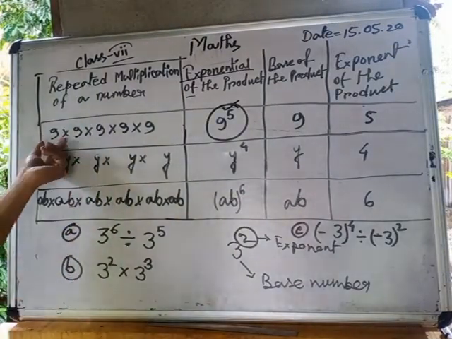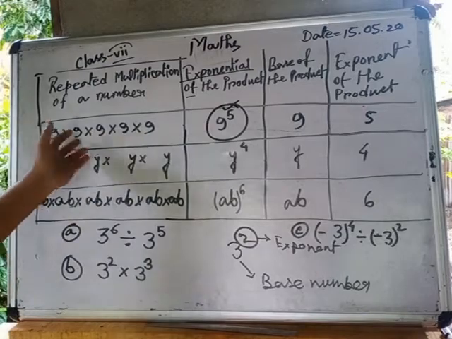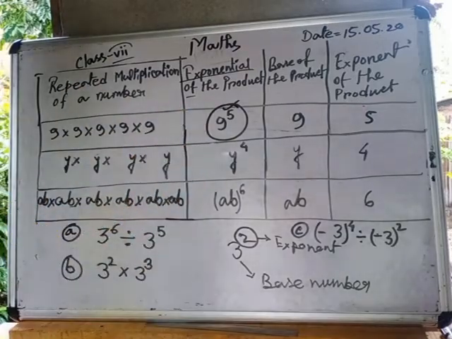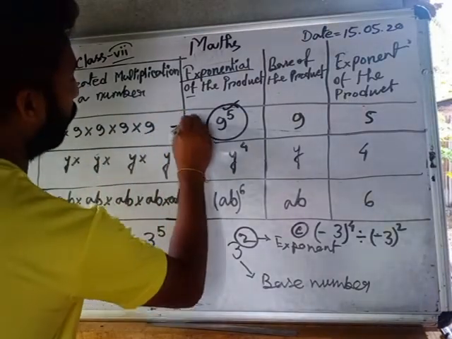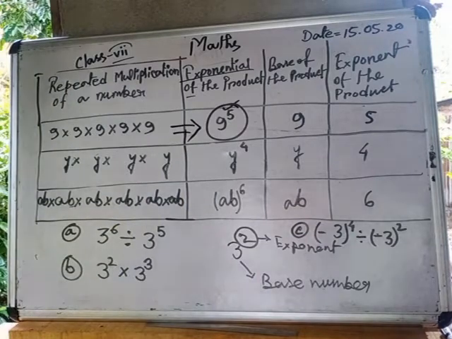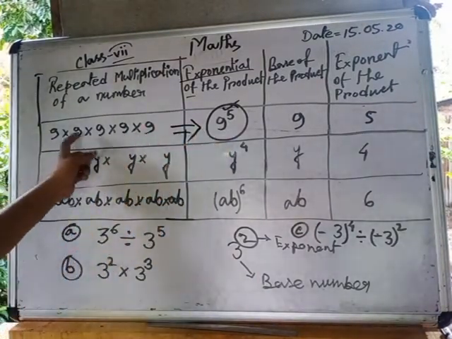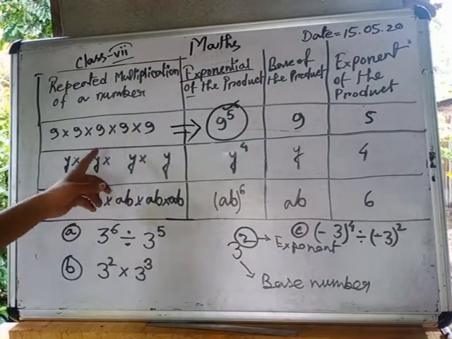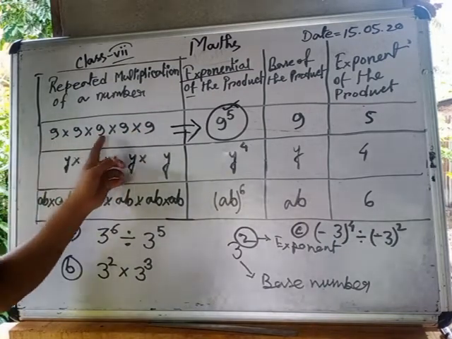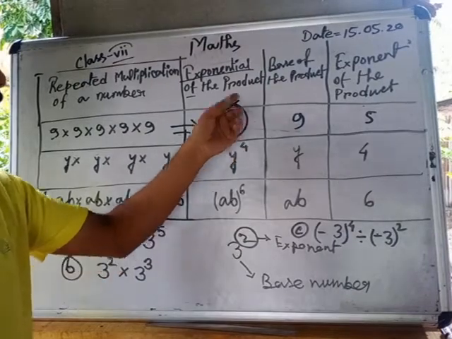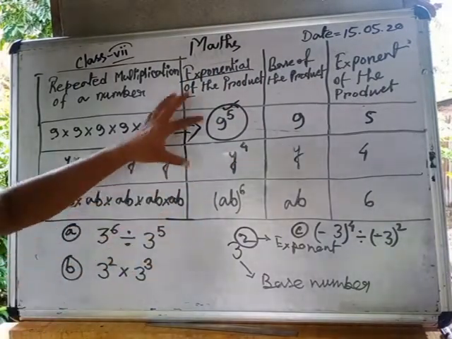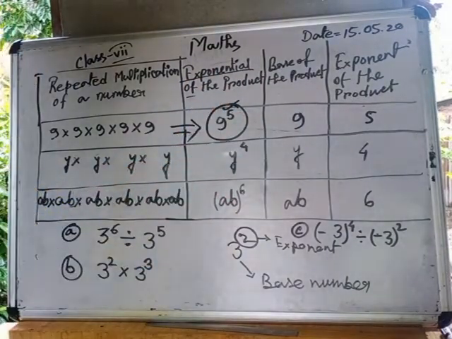When we repeatedly multiply the same number, it will be in exponential form. We write the same number as the base, and count how many times it is repeatedly multiplied: 1 2 3 4 5. That's why 5 will be the exponent.